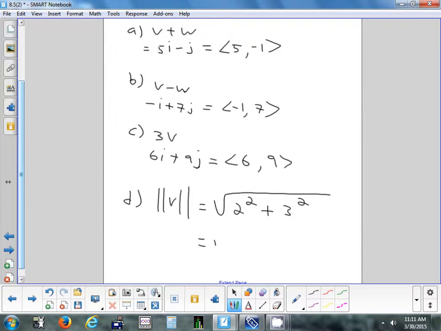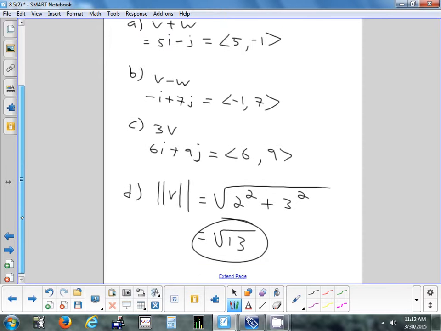Good. So that gives me the square root of 13. I can't reduce that. If I could, I would. Anytime you can reduce the square root, always do that. If you end up with a square root in the denominator, we need to fix that. I don't think that's going to happen today, though. We'll see. Okay. Any questions on that?